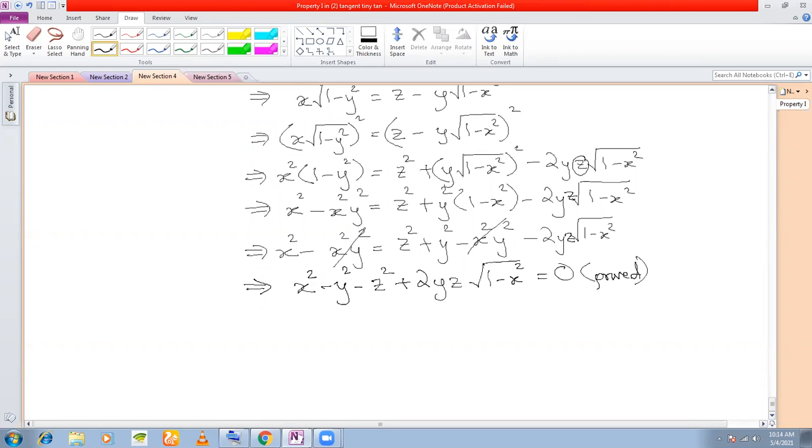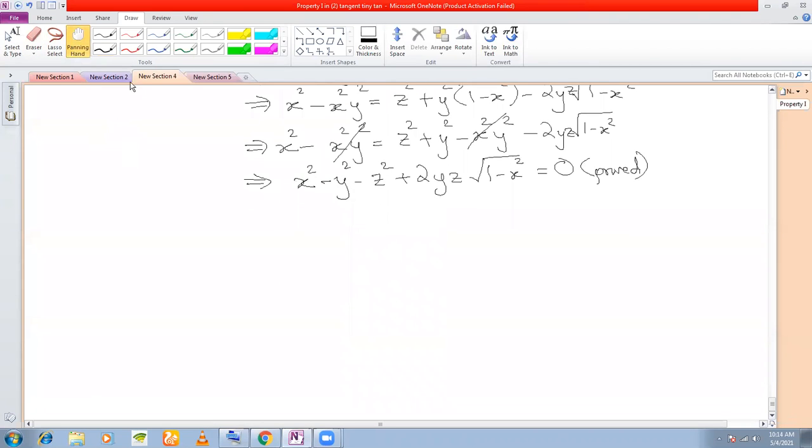Move on to the next problem, which is now an ISC problem. And this problem wasn't as easy either. The question here is prove that tan inverse. I hope you are writing this in your copies, all this.